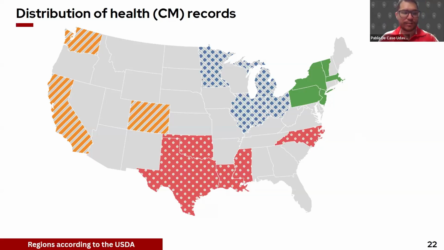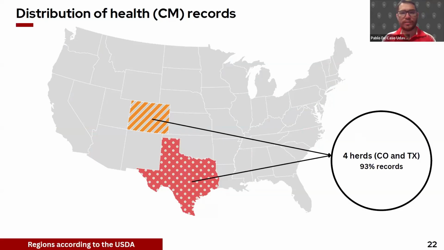But then when we started to look into the distribution of the records, we noticed that 93% of the records in that specific data set came from only 4 herds, which were located in Colorado and Texas.